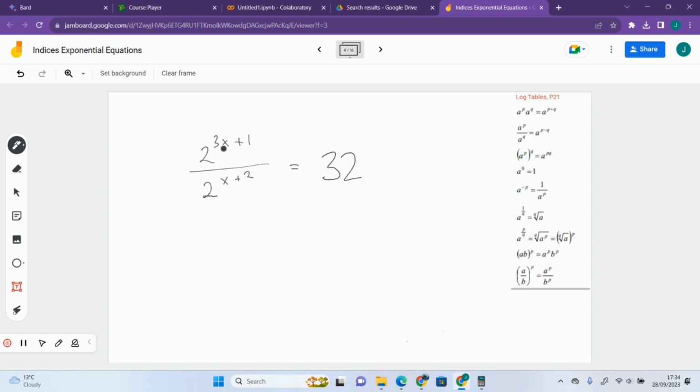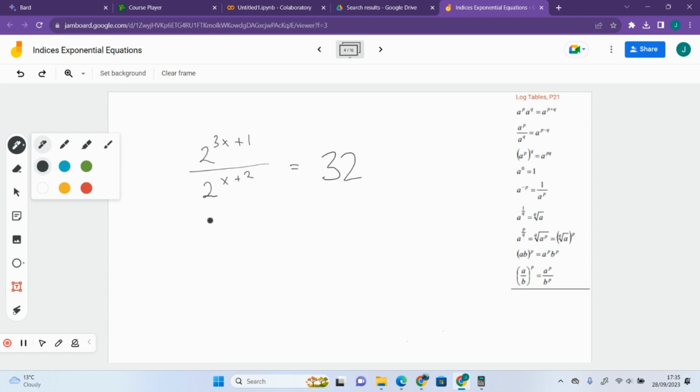Right, so I've got 2 to the power 3x plus 1 all over 2 to the power of x plus 2 is equal to 32. So again, my first thing that I want to do is bring everything to the same base. You'll see here that the only one that isn't the same base at the moment is this one here. That isn't 2. The other two are 2 already. So let's sort that one out first.